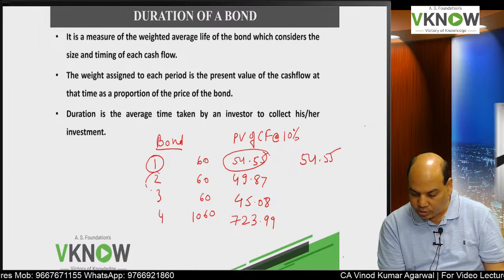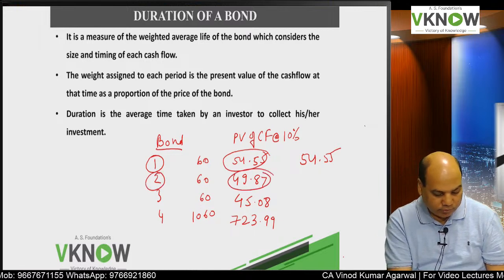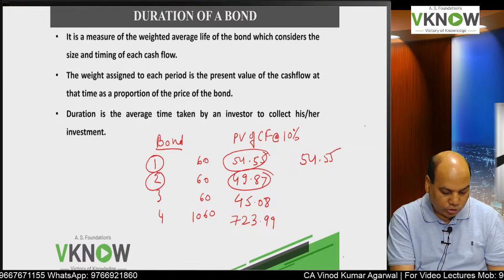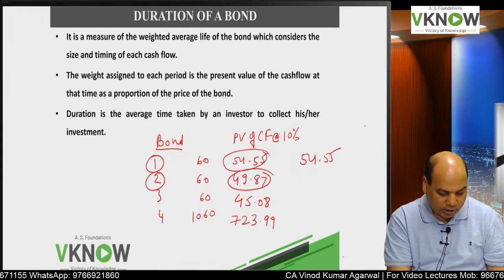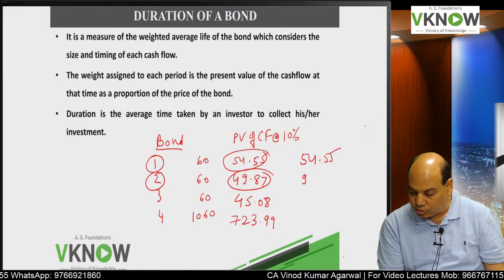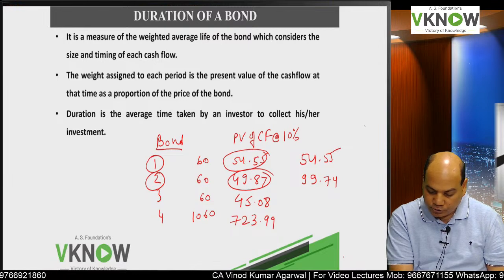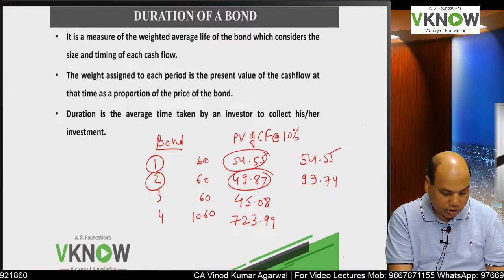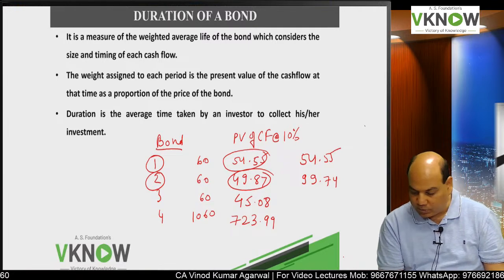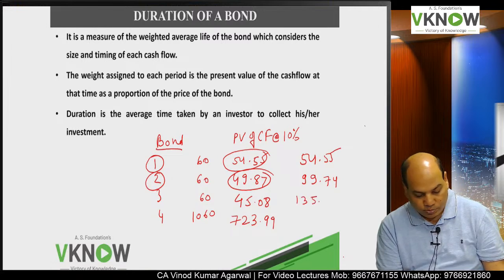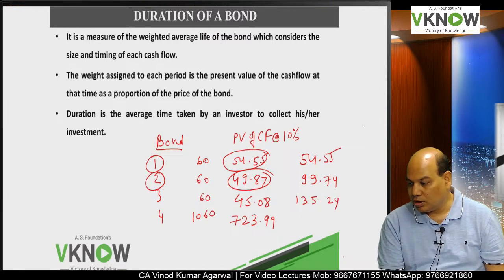54.55. 2 into this number. We will solve a question after this, don't worry, but I am just telling you how to calculate duration, and then I am also going to tell you what is the purpose of calculating the duration, because without knowing the purpose there is no charm in learning.